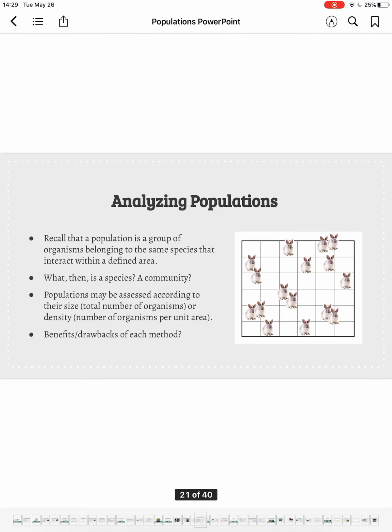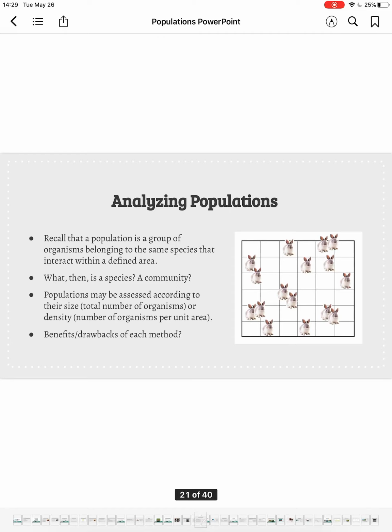Well, if you remember back to Bio 20, right at the time we were looking at classification, it goes kingdom, phylum, class, order, genus, species. I think I missed one in there, but that's the hierarchy of classification. And species is at the very bottom, so it's the most specific thing that you can find.